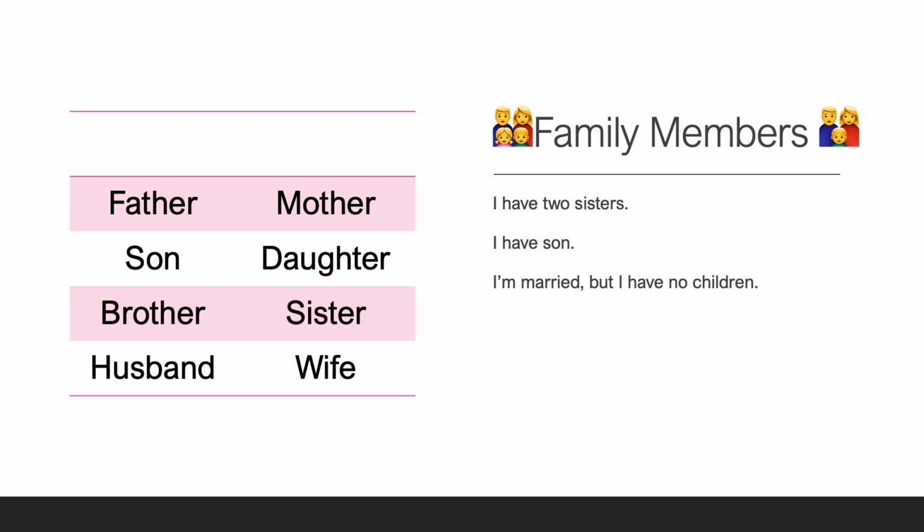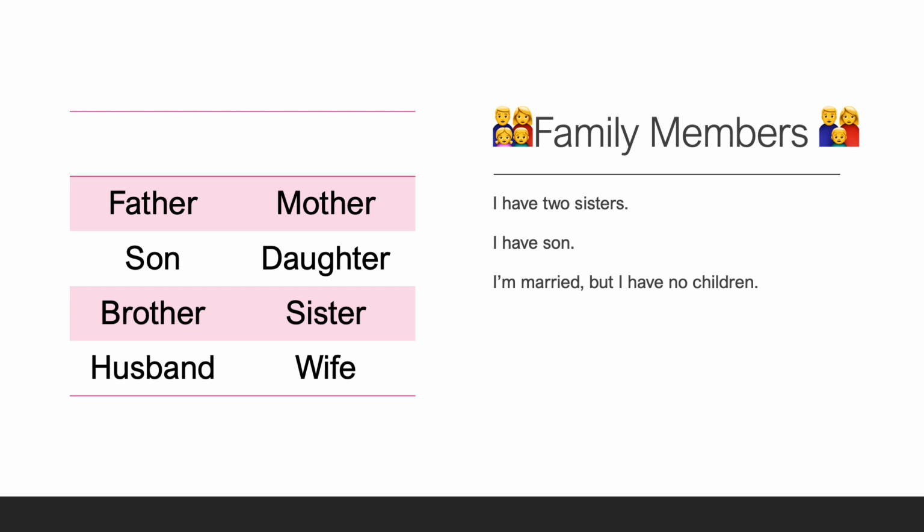Whereas the words that are used for women, for females, she could be your mother, she could be a daughter, a sister, or it could be a wife for a husband.